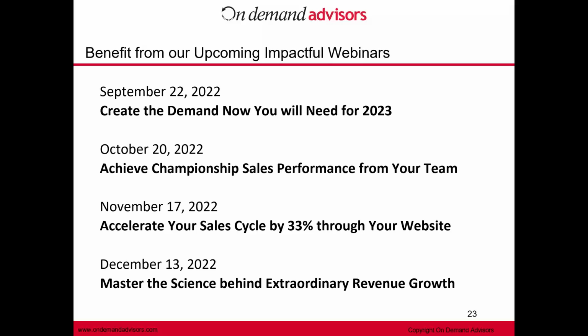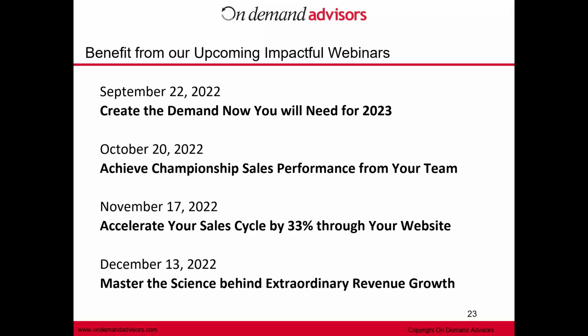In October, we're going to talk about achieving championship sales performance. So you can register for that. And we're going to have all these webinars posted to our website. And what we see with a lot of companies is that they've got sales teams, but they've got the ABCs. And so they're trying to figure out how to really have consistent performance.